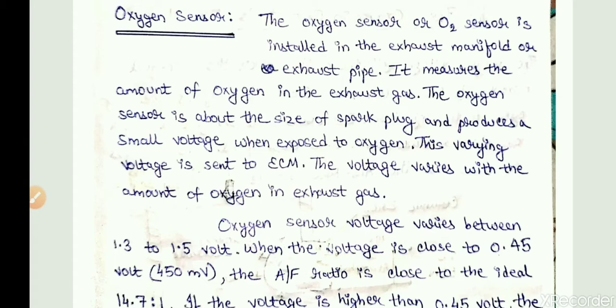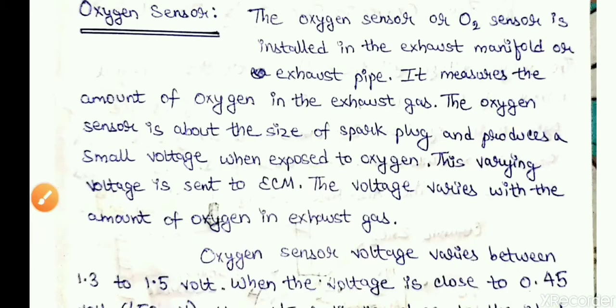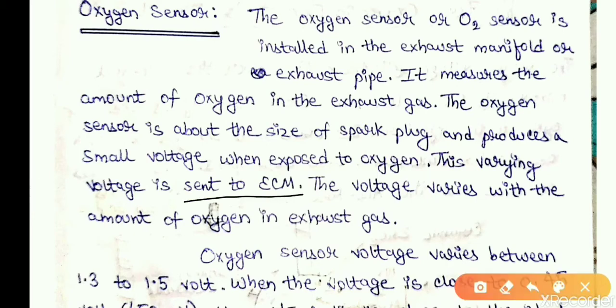The oxygen sensor is about the size of a spark plug and produces a small voltage when exposed to oxygen. Now see, this varying voltage is sent to the ECM. So what happens? The voltage varies with the amount of oxygen in exhaust gas. That means when there is a presence of oxygen in the exhaust manifold, the oxygen sensor generates a small voltage, and that voltage is sent to the ECM, that is the engine control module.